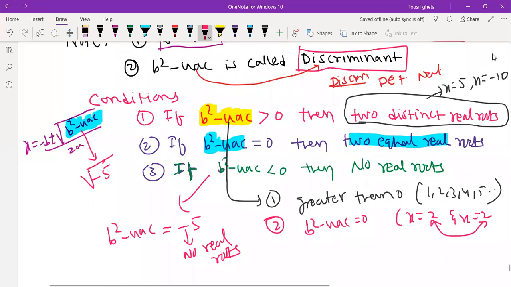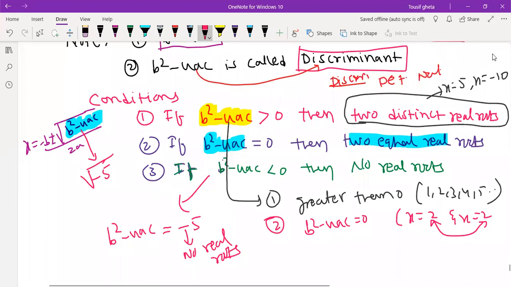So three conditions are there. If b square minus 4ac is greater than 0, the roots are distinct. If b square minus 4ac is equal to 0, the two roots are equal and real. If you get lesser than 0, a negative value, then it is no real roots.